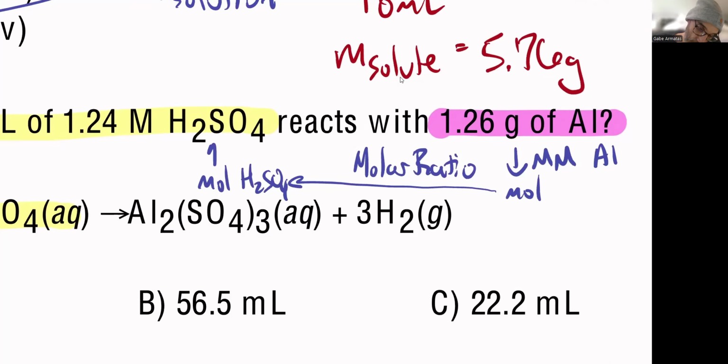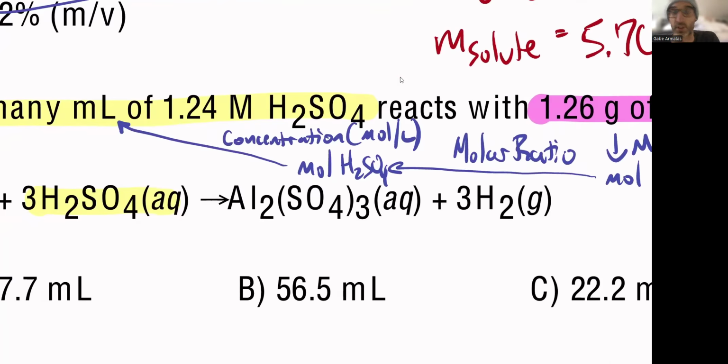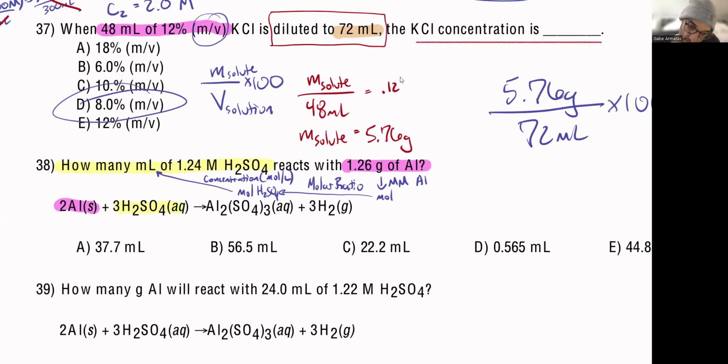And then when I'm going from moles to volume of a solution, we do this using concentration. Because concentration is in moles per liter, it allows us to convert moles of what we have, or what we want, to liters of what we want. So that is the 4-step process here.